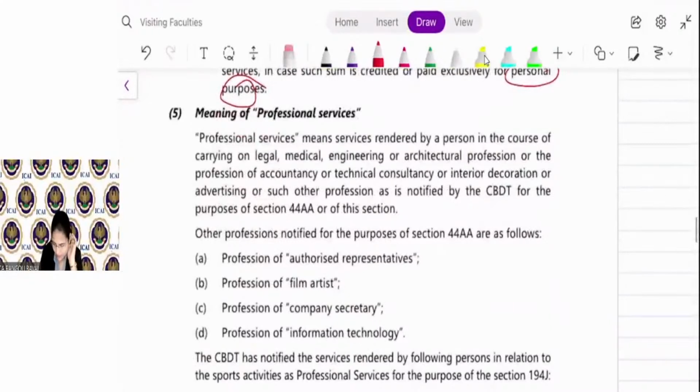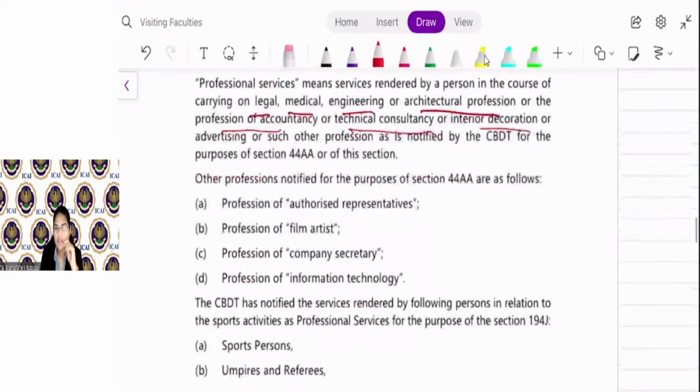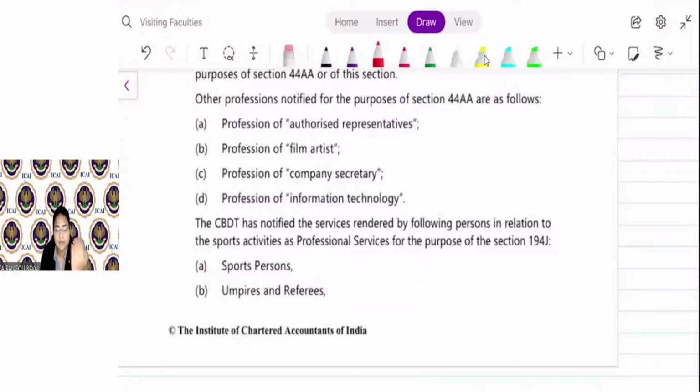Now, meaning of professional service, you have already learned in section 44AA in PGBP chapter. Just quickly go through. The professional service includes the service of legal, medical, engineer, architecture, profession of accountancy, technical consultancy, interior designer. Other notified service is authorized representative, film artist, company secretary, information technology.